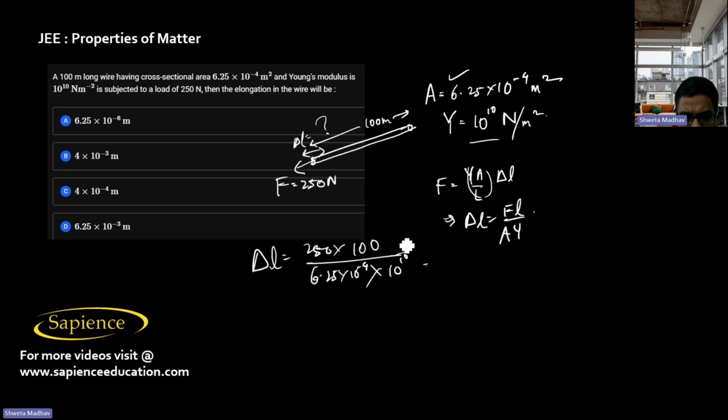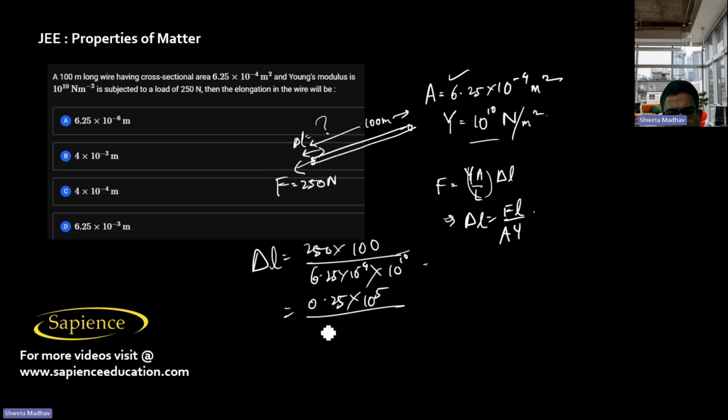So we can write this as 0.25 into 10 to the power 3.